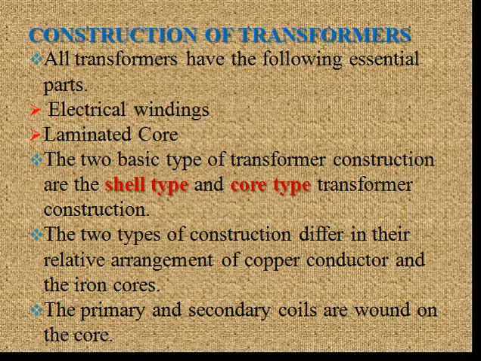The two basic types of transformer construction are shell type and core type transformers. The two types of construction differ in their copper conductor and iron cores. The primary and secondary coils are wound on the core.